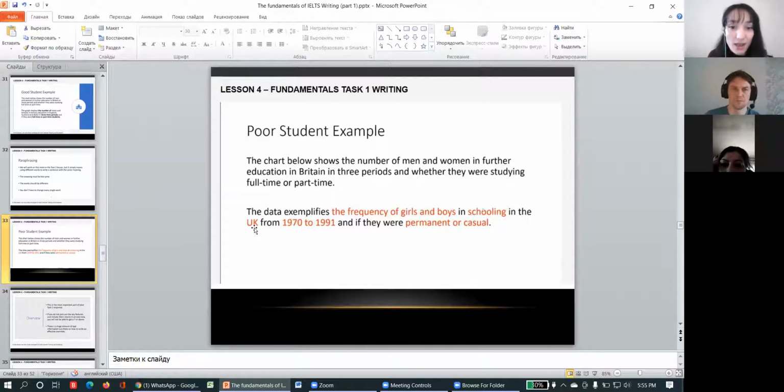And it says 3 periods, and from 1970 to 1991, it's not 3 periods. And whether they were studying full-time or part-time, permanent or casual. Come on, casual, what's that?